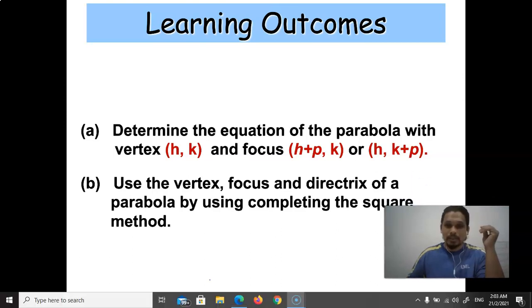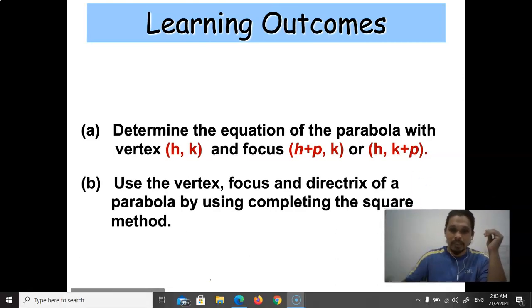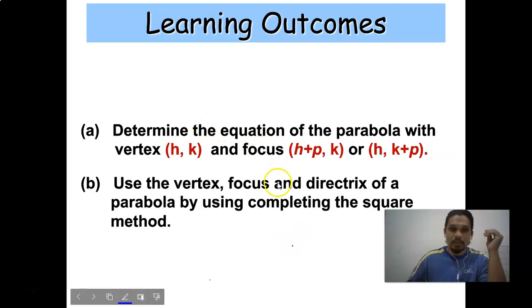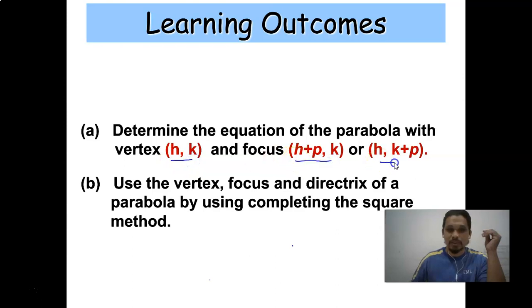Okay, so for this topic of parabolas, we are going to look into how to determine the equation of a parabola with the vertex (h, k), focus, or this one here. Okay, let me recall the previous knowledge.